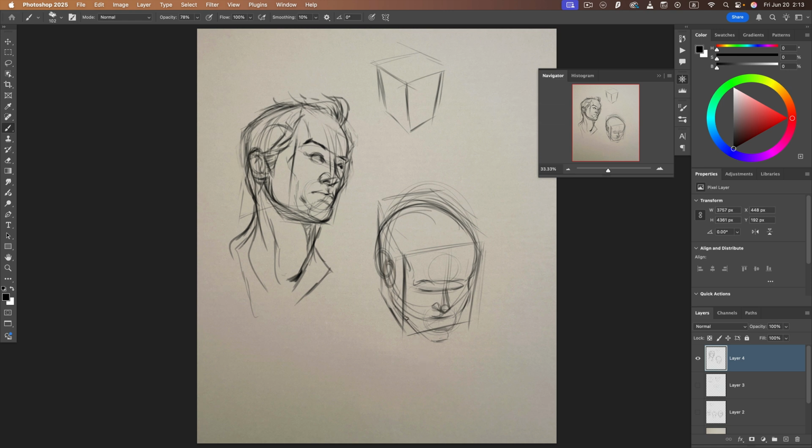Excuse me. Okay. And again, since he's looking down, we're not going to see all that information of the neck, because it's going to be hidden away, right?